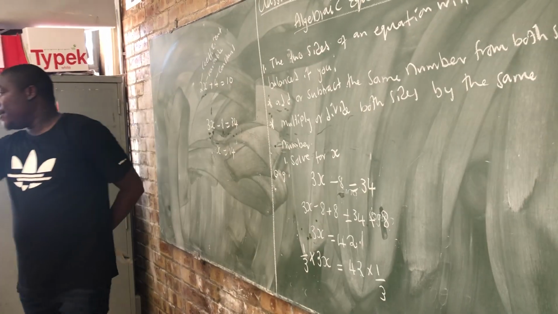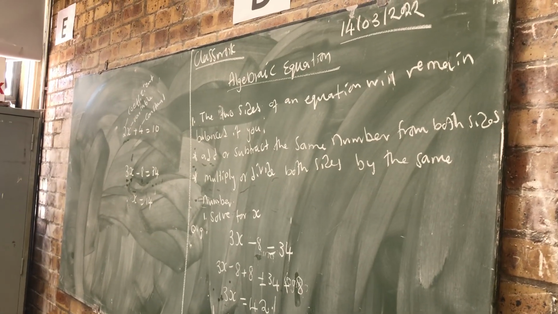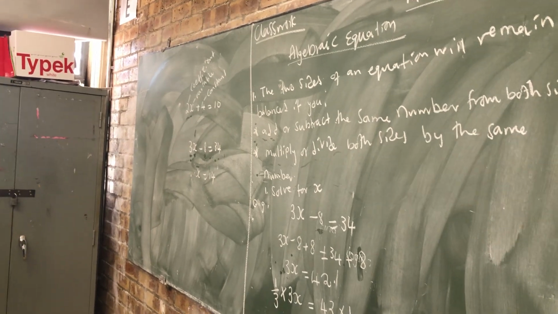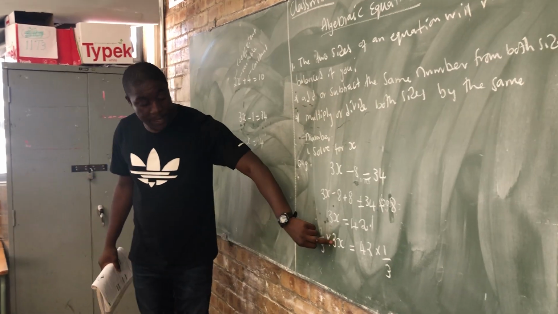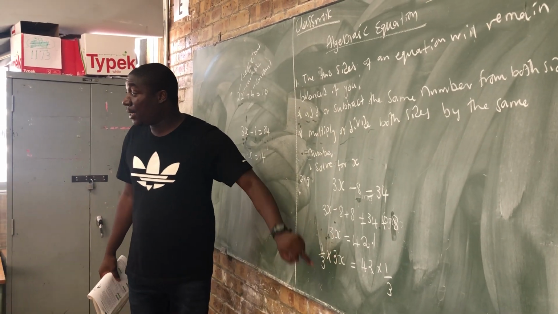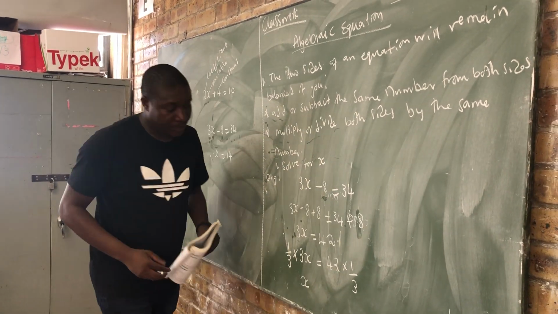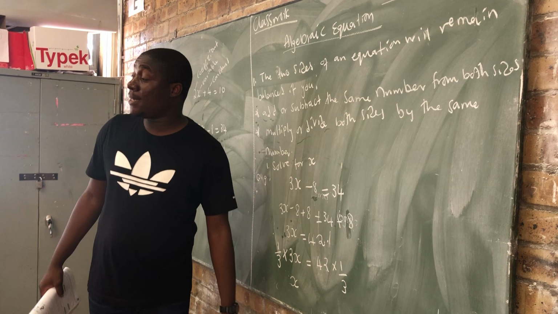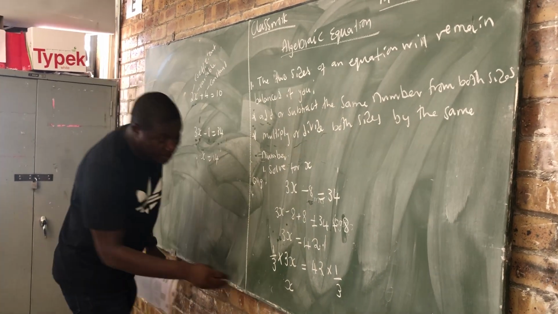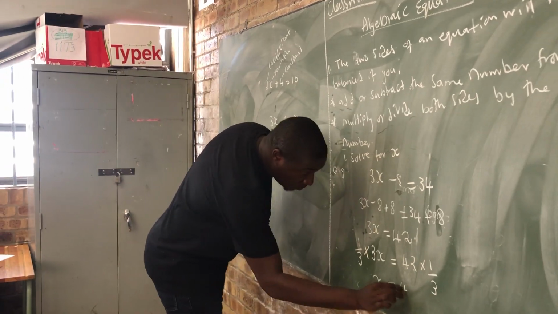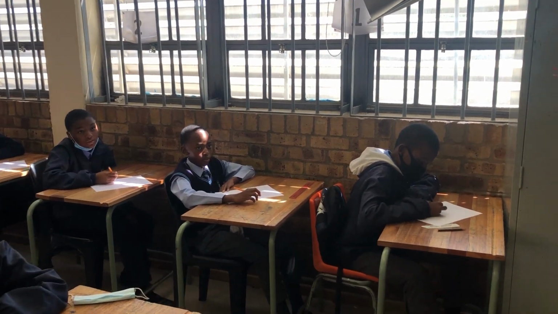Numerators multiply numerators, denominators multiply denominators, and after that we simplify. 1 multiply 3 is 3, 3 divided by 3 is 1, and we're left with x. 42 multiply 1 is 42, divided by 3 is 14. We get 14.